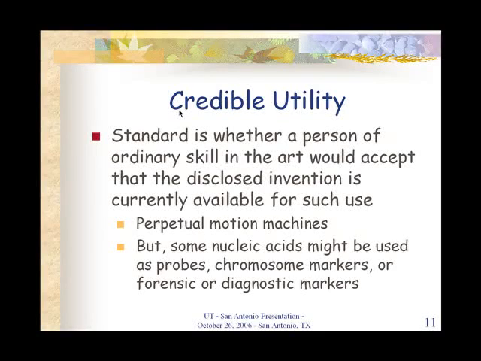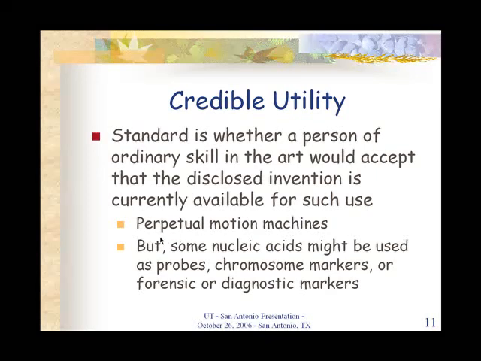Under credible utility, then, the standard is whether a person of ordinary skill in the art would accept that the disclosed invention is currently available for use, for such use. Perpetual motion machines are just not believable. It's never going to happen. It cannot happen.